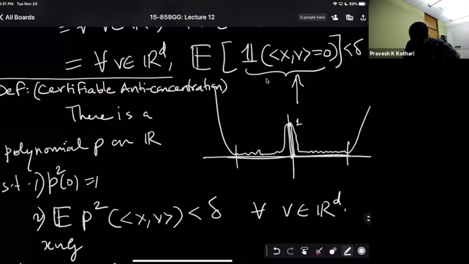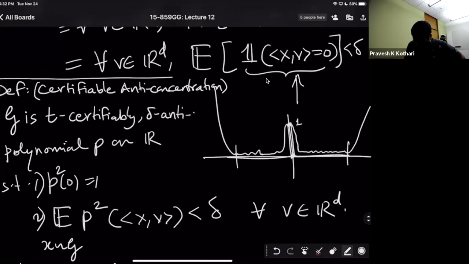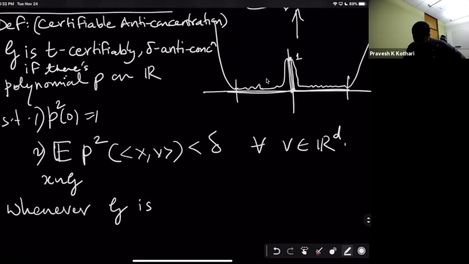Okay. We'll say that G is good if there is a polynomial P on R such that P square of 0 is 1, and, so let's also just make it the final version, there's a sum of squares proof of the fact.